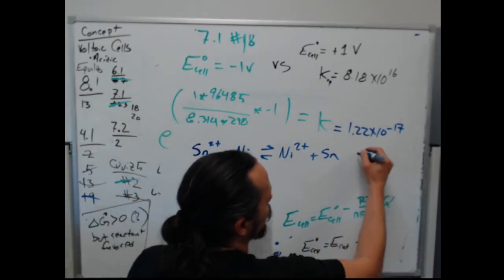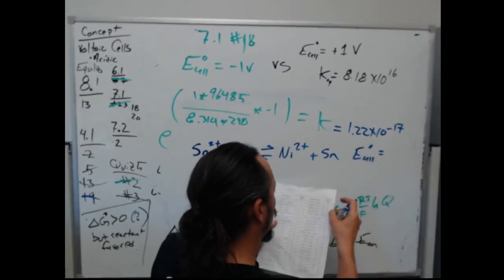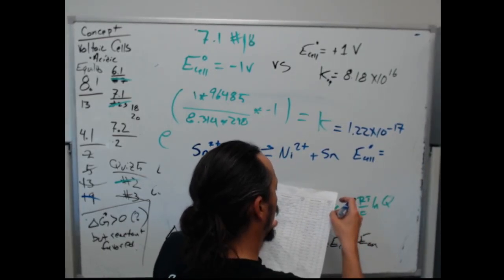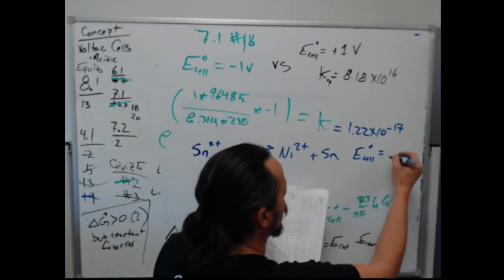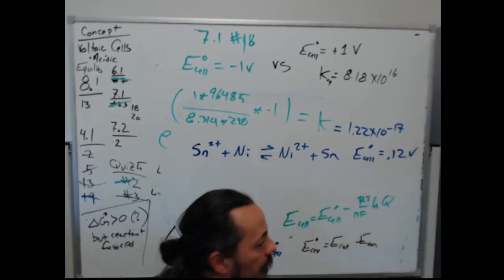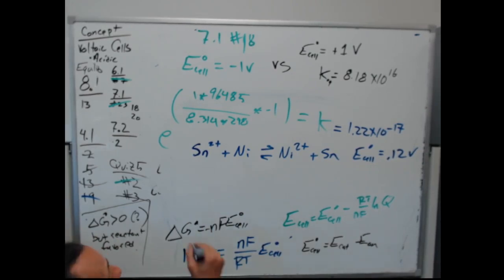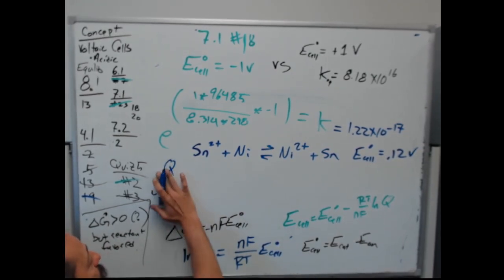This reaction would have a standard cell potential of 0.12 volts. Right? So if I had tin present, but remember, that's telling my KEQ, not my Q value.